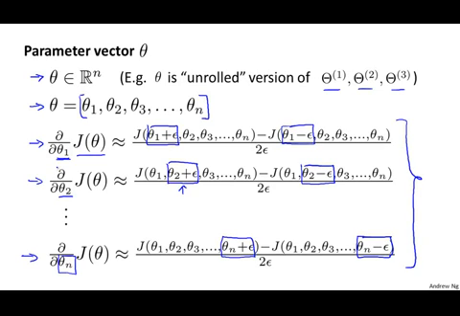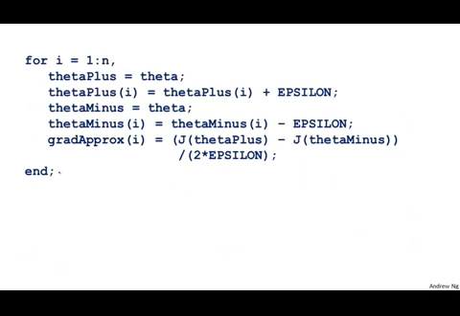Concretely, what you implement is therefore the following. We implement the following in Octave to numerically compute the derivatives. We say for i equals 1 through n, where n is the dimension of our parameter vector theta, and I usually do this with the unrolled version of the parameters. So theta is just a long list of all of my parameters in my neural network, say. I'm going to set thetaPlus equals theta, then increase the ith element of thetaPlus by epsilon. So thetaPlus is equal to theta except for thetaPlus i, which is now incremented by epsilon.